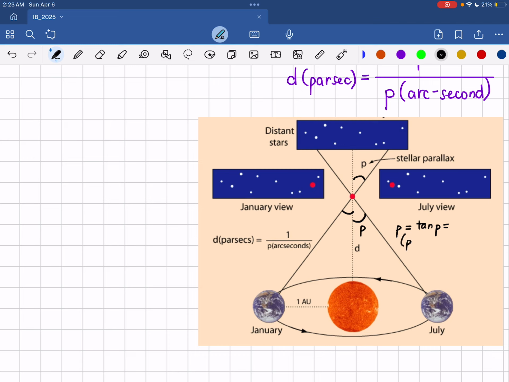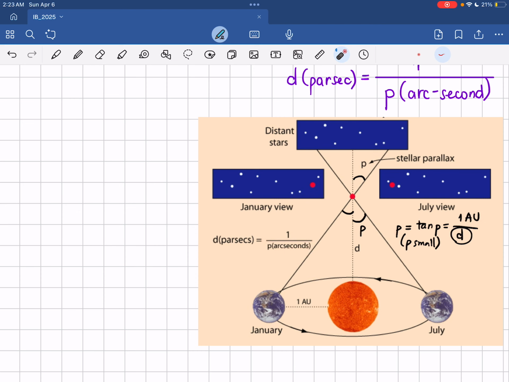It's just about some arc seconds. So then the opposite will be 1 AU over the distance D, right? So that's why, in order to find the D here, the D measured in parsec, it's just equal to 1 AU divided by the P measured in arc seconds.